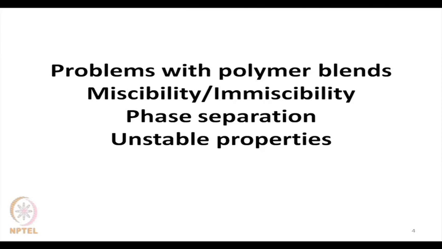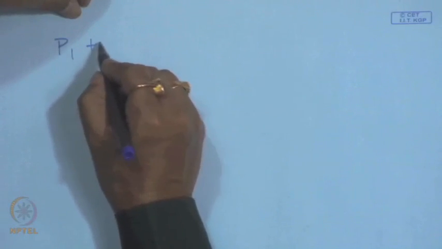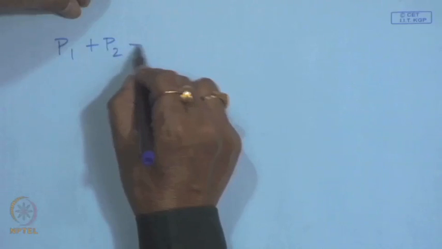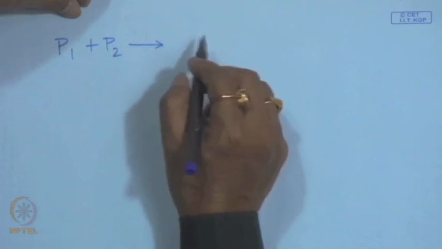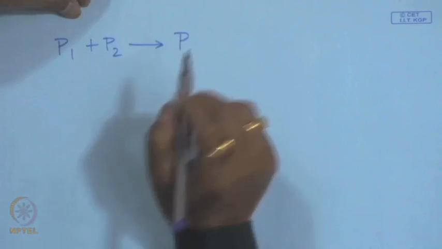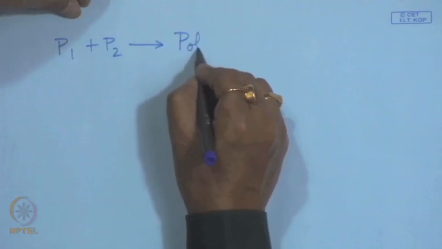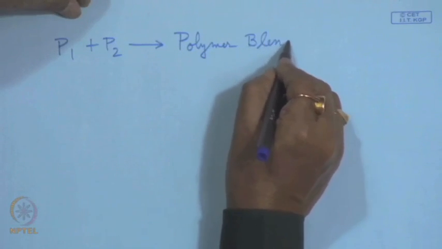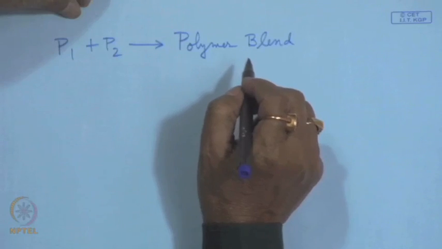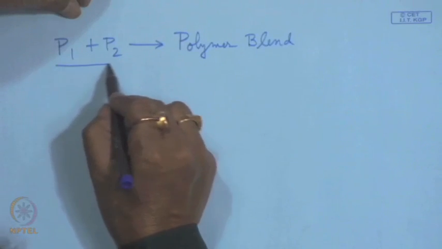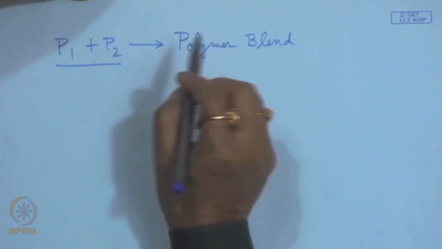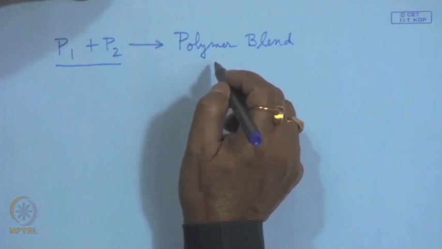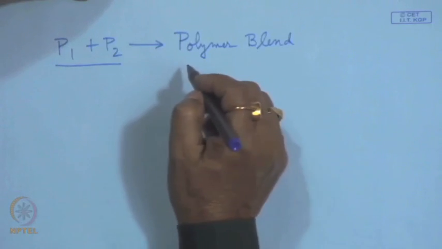So, when polymer 1 is mixed with polymer 2, P1 is mixed with P2, a product known as polymer blend is produced. Now, there are many considerations to be thought of in this particular issue.